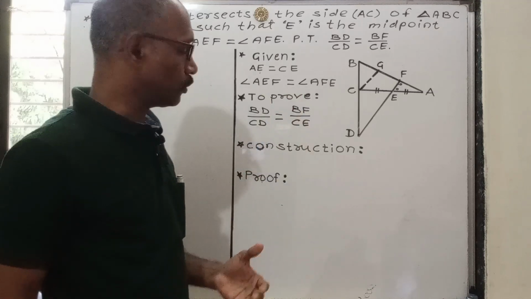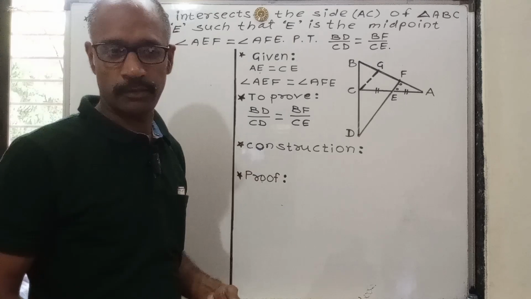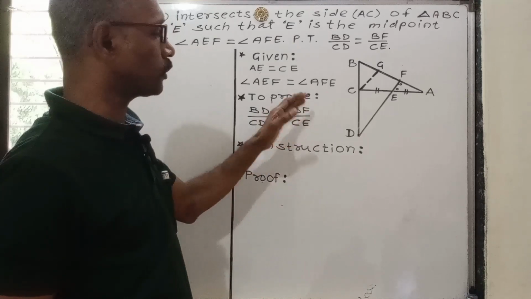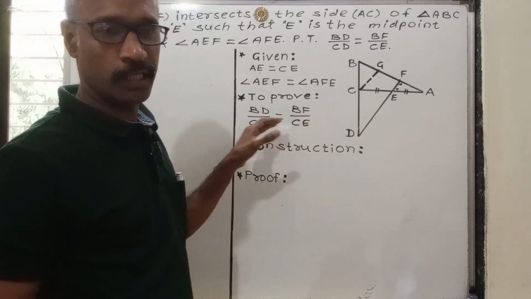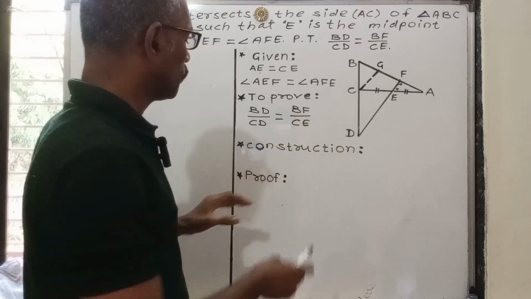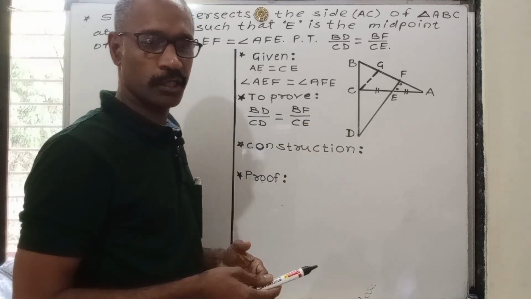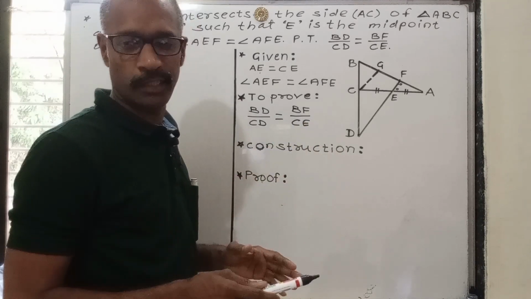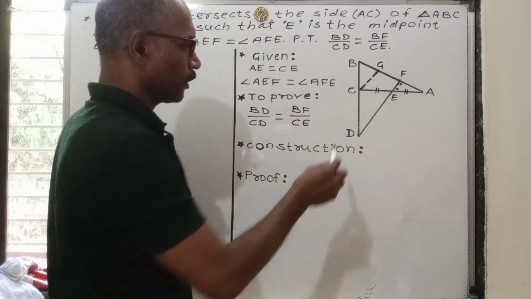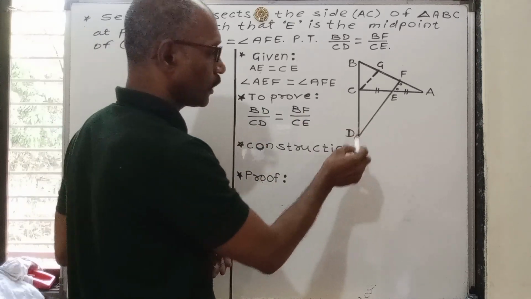Okay. Now without construction we cannot prove this. So we write construction, that is also for our convenience to prove this. What is this construction?